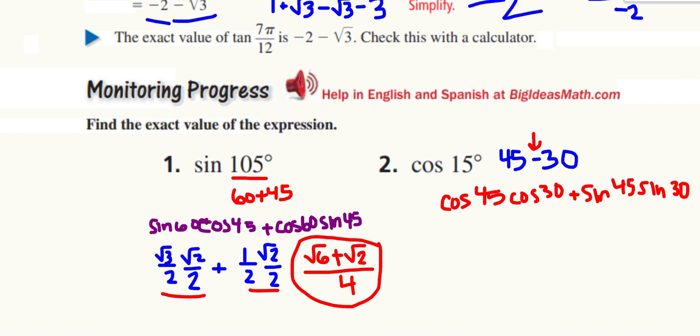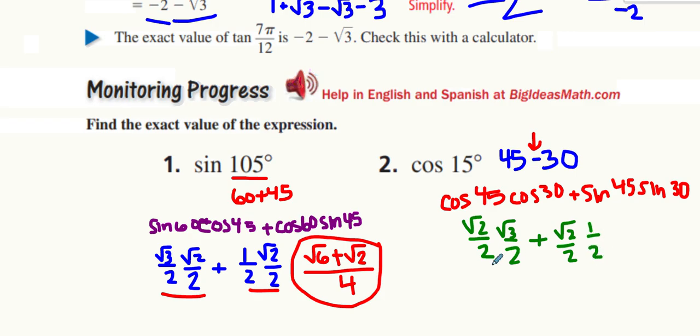All right, so that's the hard part, I guess, or the easy part, depending on whether or not you know what cos 45 is. So cos 45 is root 2 over 2. Cos 30 is root 3 over 2. Sine 45 is root 2 over 2. And sine 30 is 1/2.